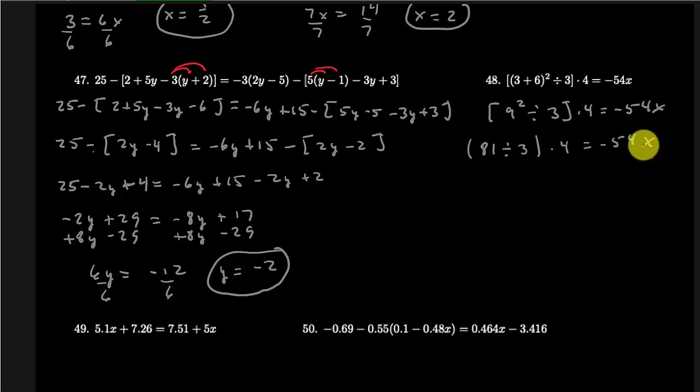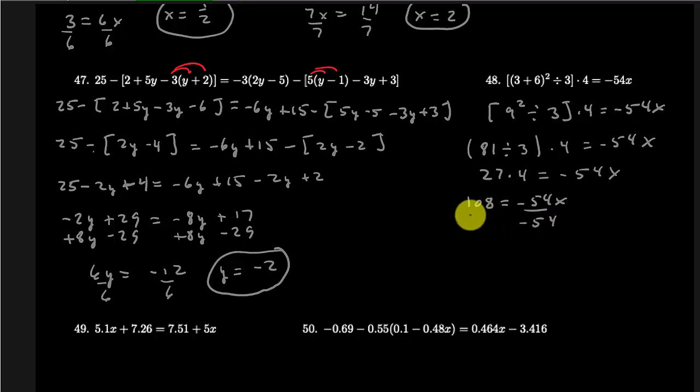And then 81 divided by 3 is 27 times 4 equals negative 54x. We've got to work inside the grouping symbols first, parentheses. Please excuse my dear Aunt Sally. Don't forget that. And so then we've got 27 times 4 is 108 is equal to negative 54x.